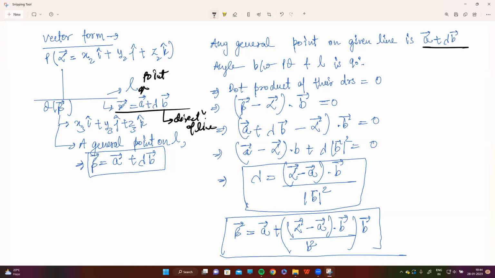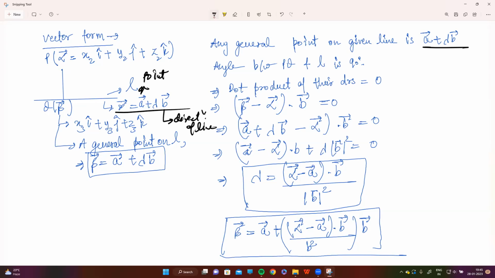Now, the angle between PQ and L is 90 degrees, so the dot product of the DRs must be 0. PQ can be found using point P and point Q, which is beta minus alpha, dot with b, which is the DRs of the line.